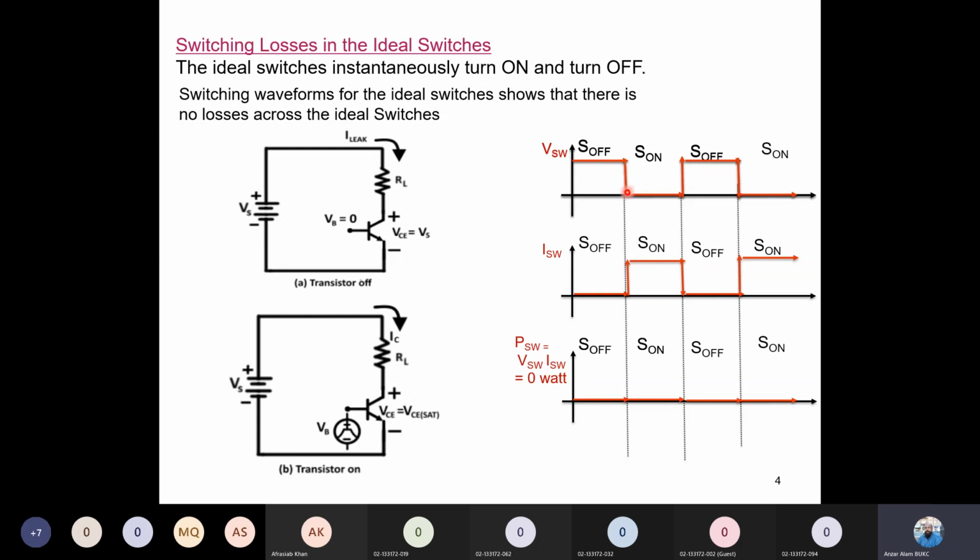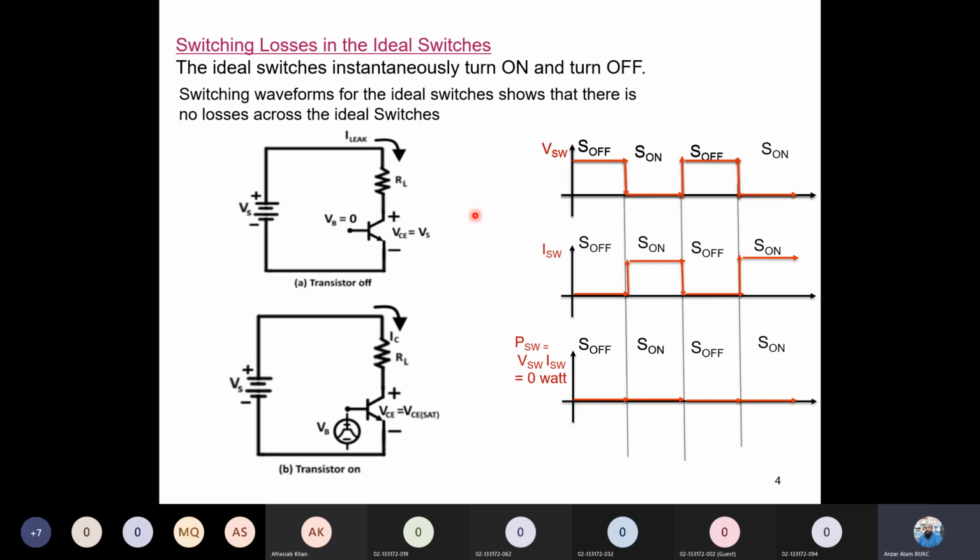After that it will be on, and when you want to turn it off, it will not turn off immediately, but slowly and gradually. This amount of time is known as the delay time, and this delay always exists in practical switches. I have not shown the delay here because I am just considering the ideal switch.